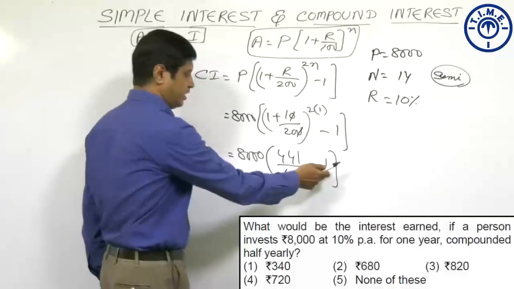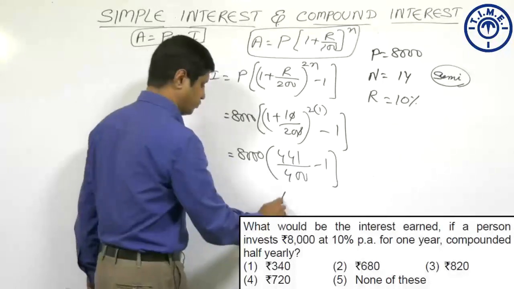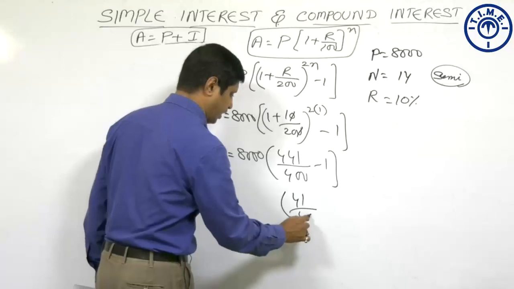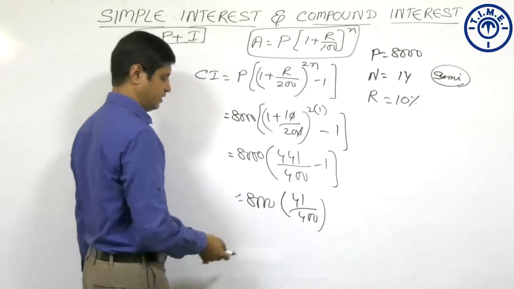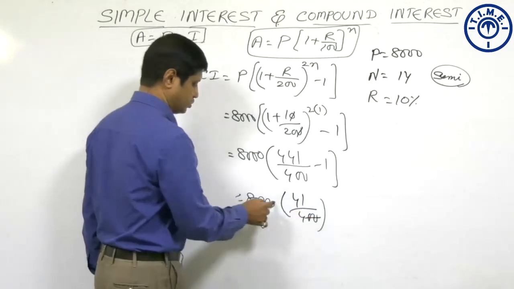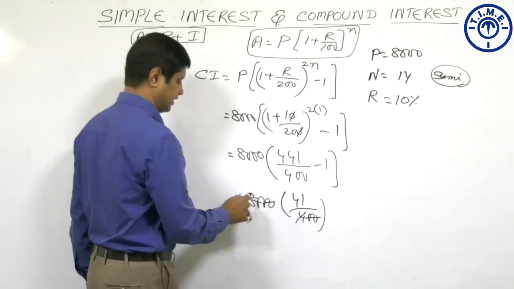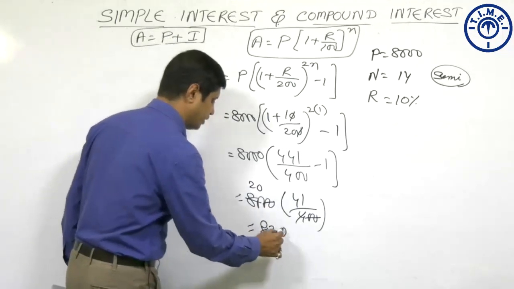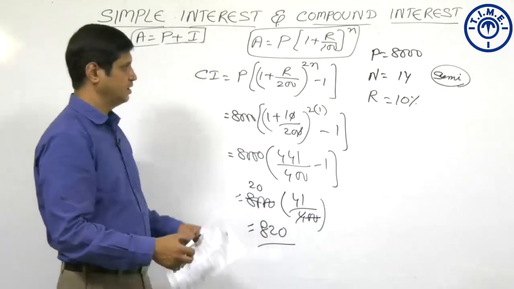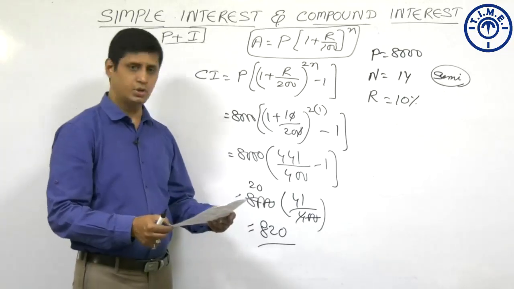Now, LCM is 400, 441 minus 400 gives 41 by 400, whereas the P value is 8,000. Solving this, 2 zeros cancel, 4 goes exactly 20 times. The result is 820 rupees. This is option 3.